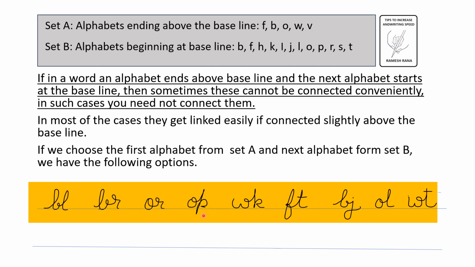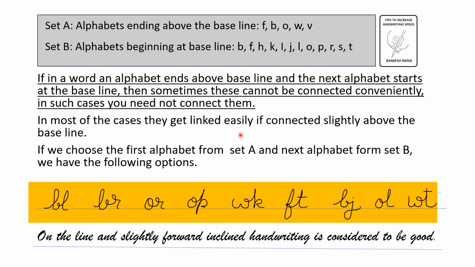Similarly, T, W and K can be connected. F and T can be connected. Like that, we can connect. Sometimes it is not possible. If it is not possible, or if you cannot connect them conveniently, don't worry. We have discussed this already, and therefore you can leave them as they are.